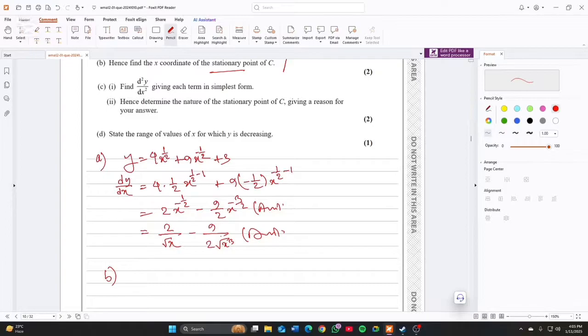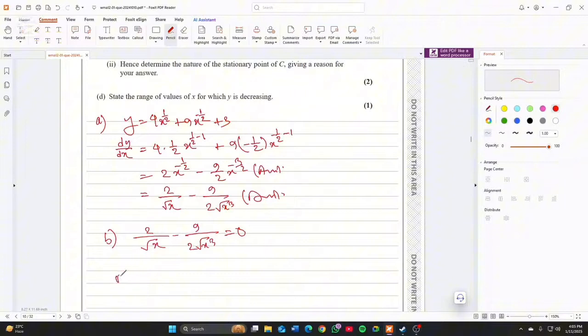So 2 by root x minus 9 by 2 root x cubed will be equal to 0. Or if I take root x as common, we can write 2 by 1 minus 9 by 2.